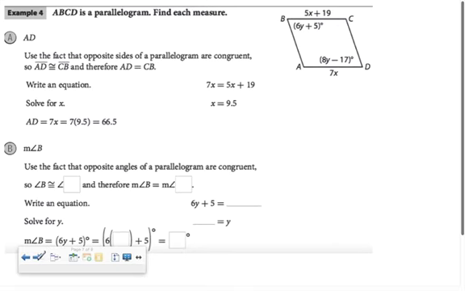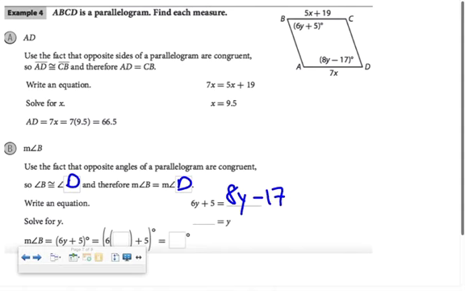In order to find angle B, in part B, we're going to use the fact that opposite angles of a parallelogram are congruent, so angle B is congruent to angle D, and therefore the measure of angle B has to equal the measure of angle D. So that means that 6y plus 5 will equal 8y minus 17.